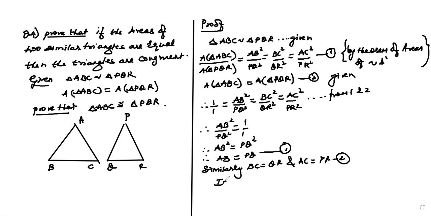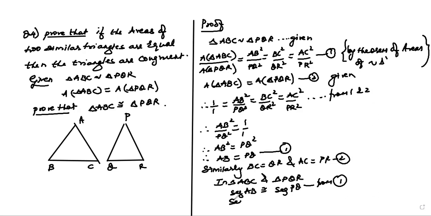So in triangle ABC and triangle PQR, you can say segment AB is congruent to segment PQ, from 1.